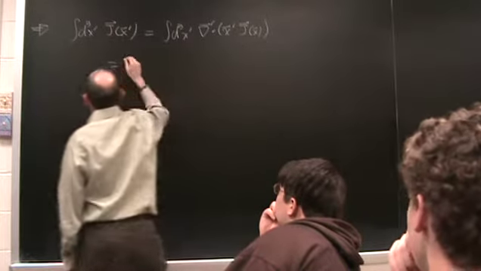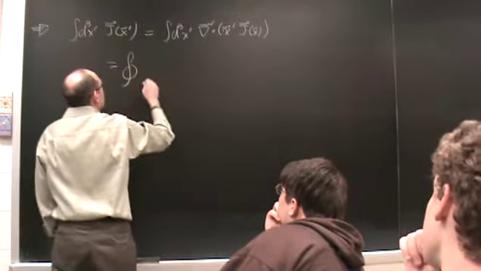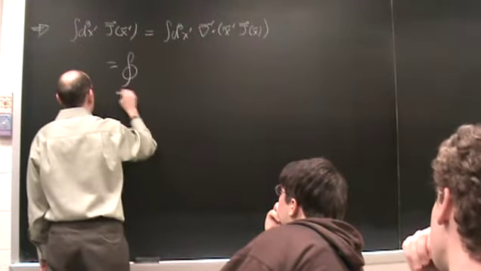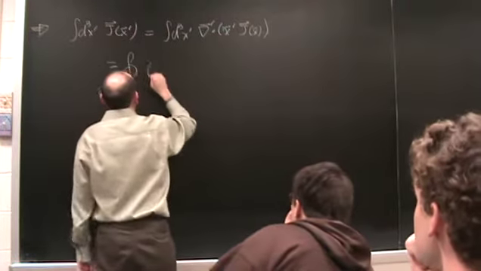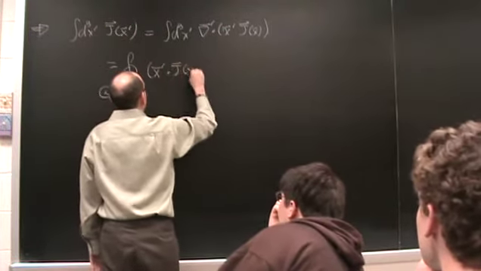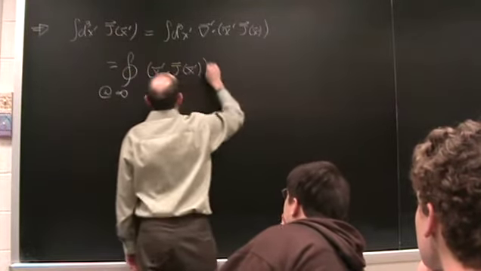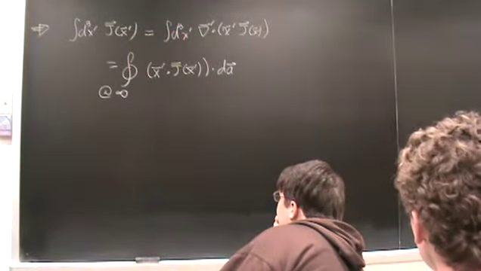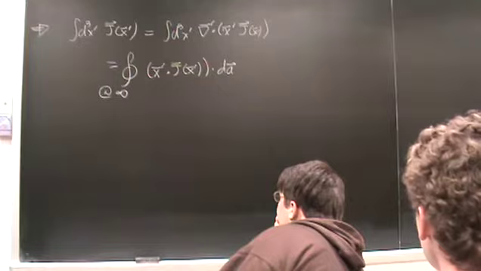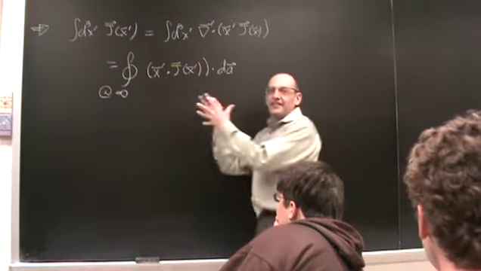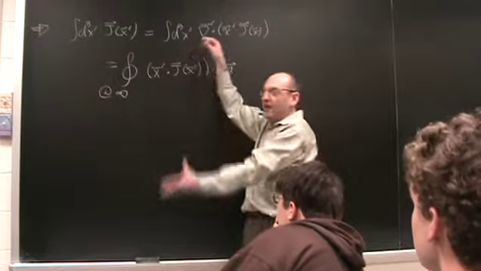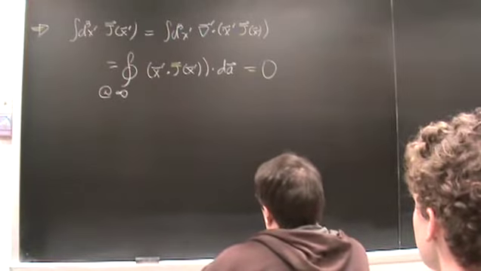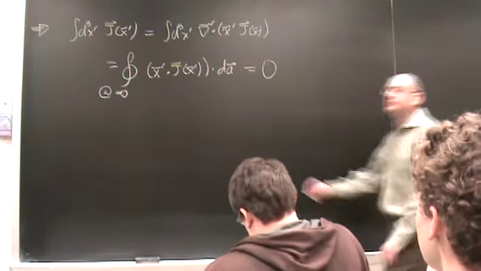And by the Gauss law, this is the surface integral at infinity. However, we have a localized current, so there is no current flowing out to infinity. So this is 0. So, no magnetic monopole.